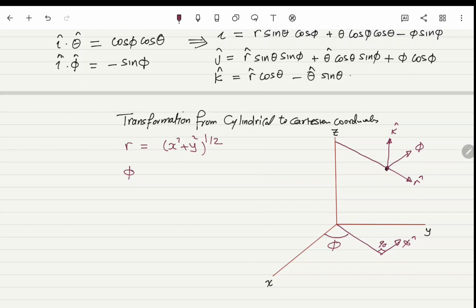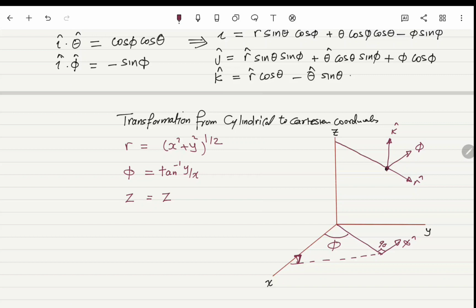And phi, in this case here, if this is phi, so this will be like this one here, and this is 90 degree, this one 90 degree. So tan phi is equal to y over x. Phi equal to tan inverse y over x, and z is actually the same as z in cylindrical coordinates.